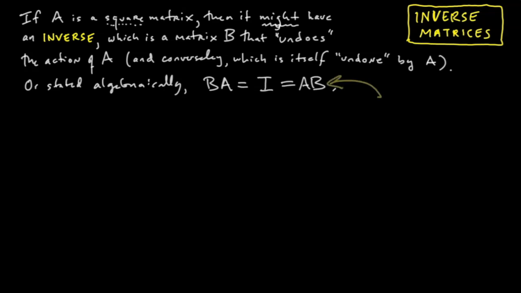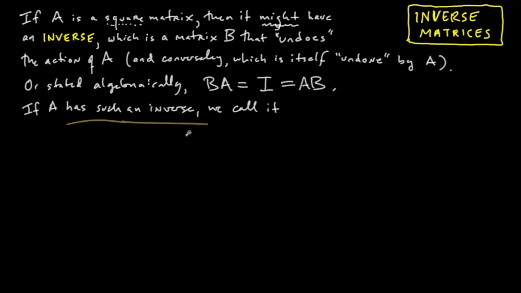So if you feed a vector to B, and then the output is passed along to A, well, A just undoes the action of B, and its output is the same as the original input, which means that this composite map, this matrix product AB, doesn't actually do anything. It corresponds to the do-nothing map, whose matrix representation is, of course, the identity matrix, with ones on the main diagonal and zeros elsewhere.